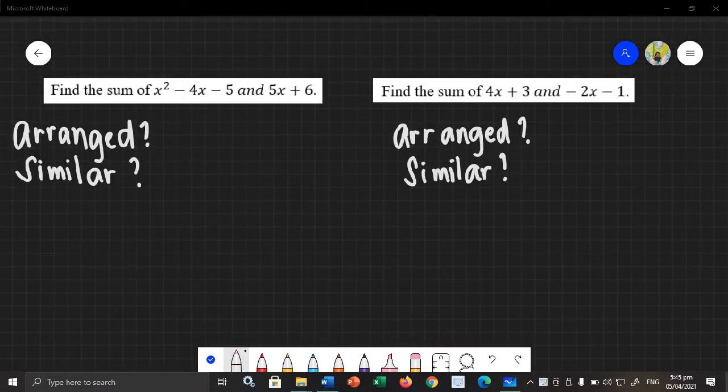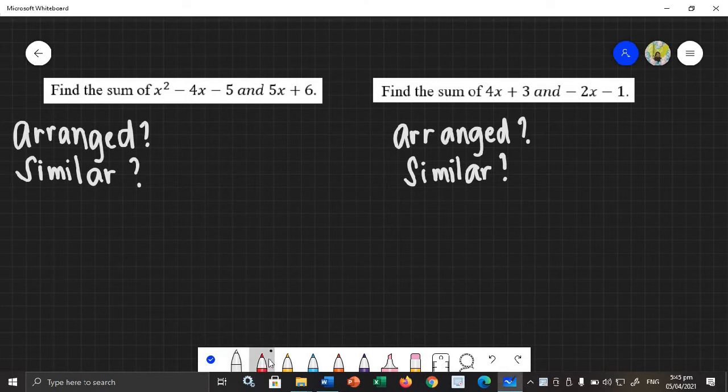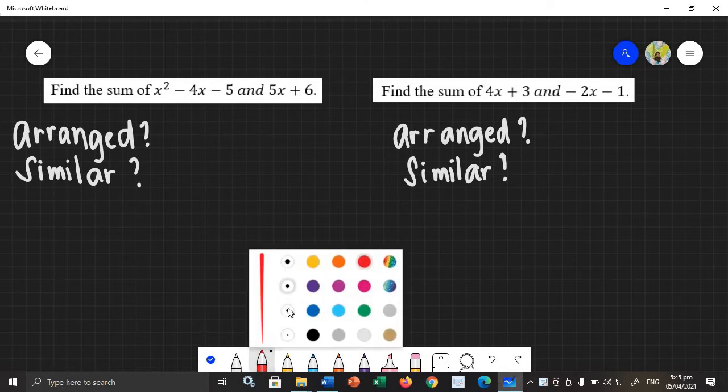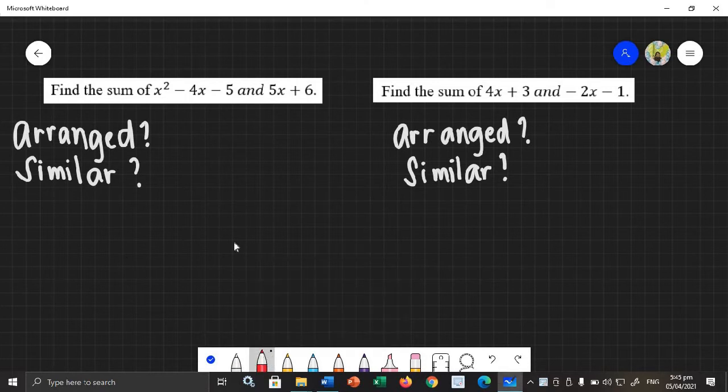So, let's now have our first and second example. We will be finding the sum of x squared minus 4x minus 5 and 5x plus 6. Okay? So this is the first example. First, you need to observe if your given is already arranged in standard form. Both are addends, okay?